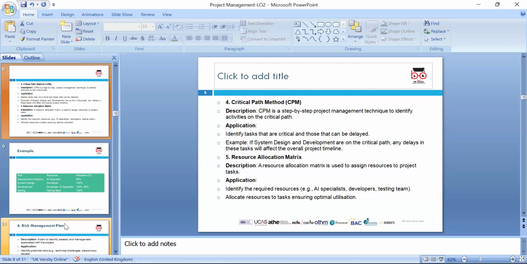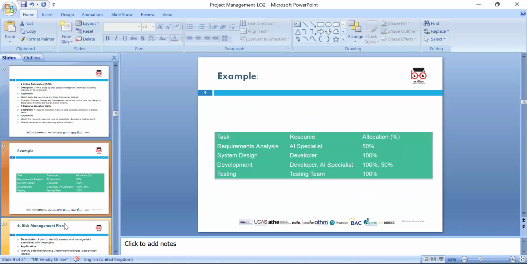We have to understand resource allocation and matrices, like meeting the key benchmark, and of course allocating the AI specialist, developer and testing team, because for an AI project that's quite crucial. For the tasks of requirement analysis, system design, development and testing, the people required are the AI specialist and developer, with time allocation of 50%, 100%, 100%, 50% alongside their previous work.